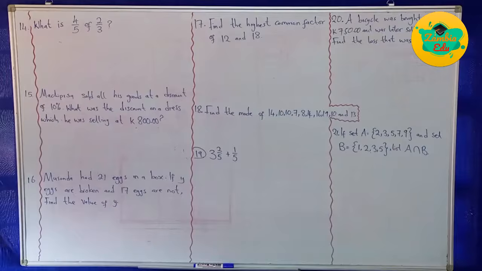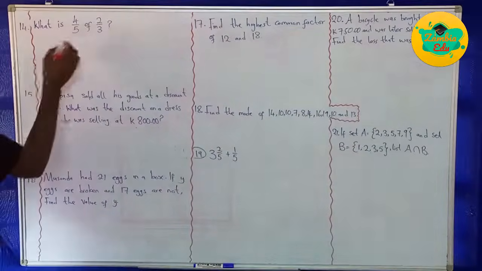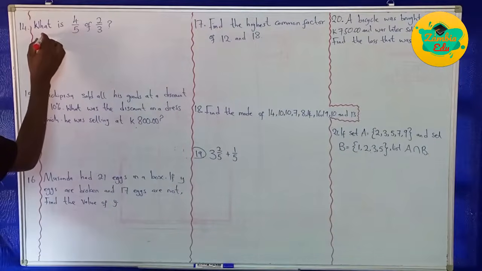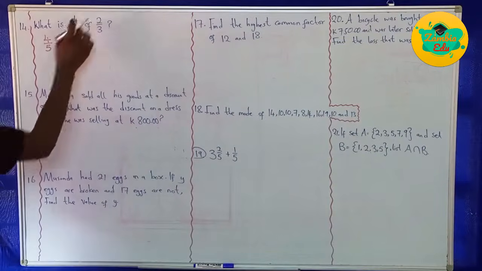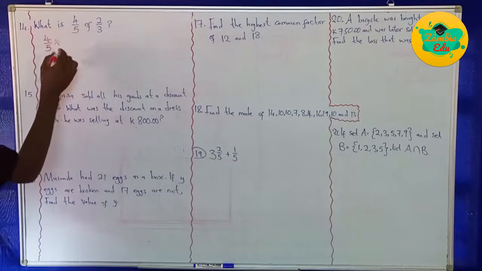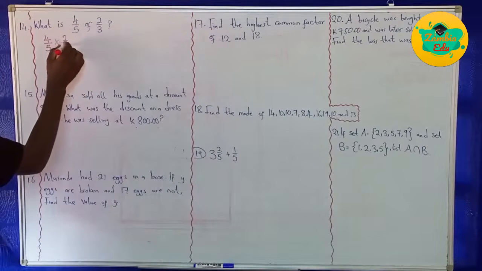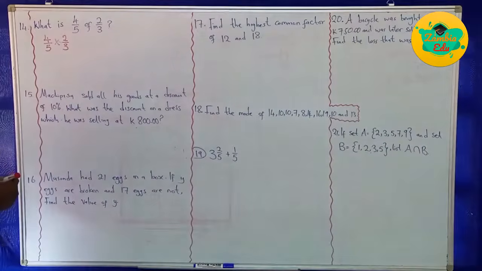Question 14. What is 4 over 5 of 2 over 3? So we are looking at 4 over 5. When they say of, it's the same as multiplication, there of 2 over 3.